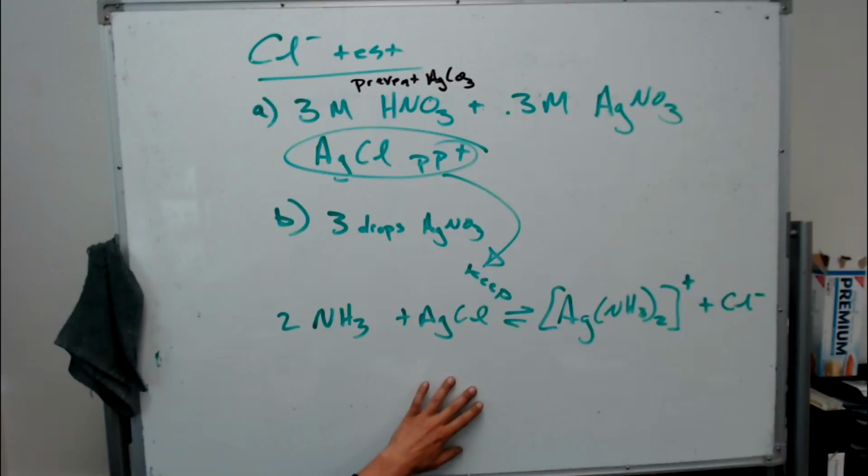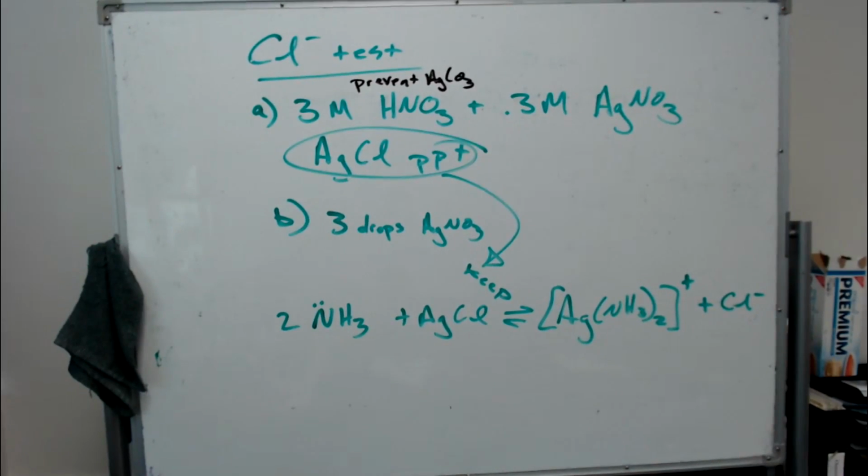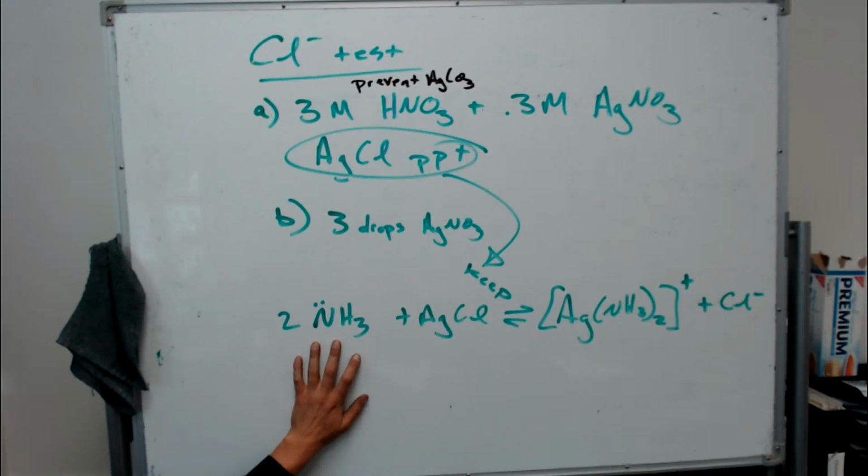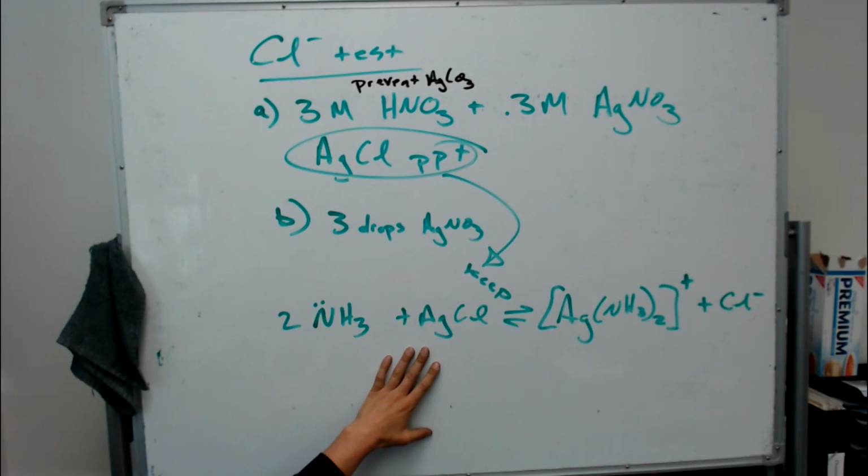But what we have going on here is essentially the silver has d orbitals. The d orbitals on the silver allow things that have lone pairs to donate the lone pairs, right? So you can look at this like a Lewis acid-base reaction where the NH3 is acting like a base and silver is acting like a Lewis acid, right?